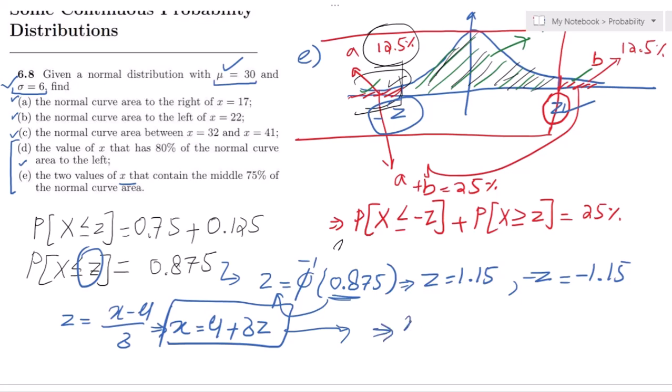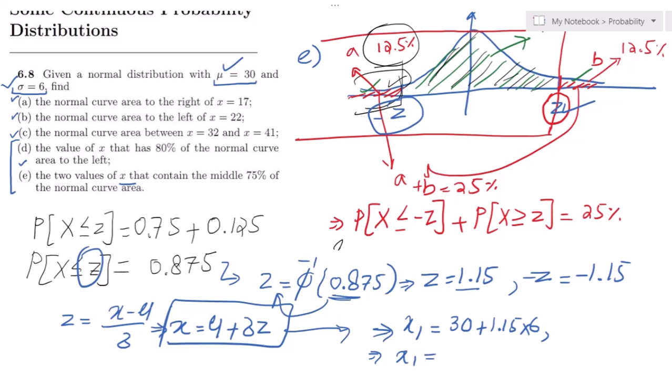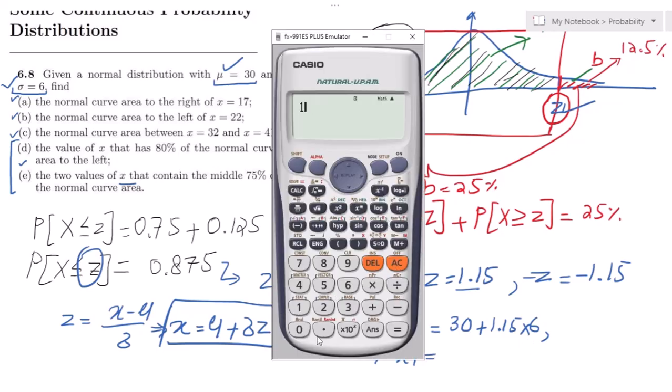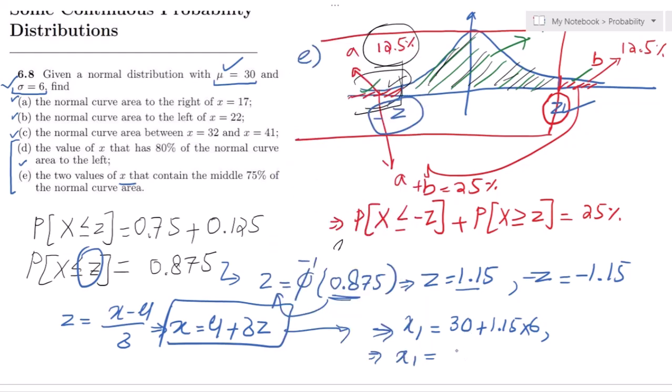So the value of x1 would be, the value of mu is given, that is 30, plus the value of z is 1.15 multiplied by 6. This is for x1. So 1.15 multiplied by 6 is 6.9 plus 30 is 36.9. This is for x1.